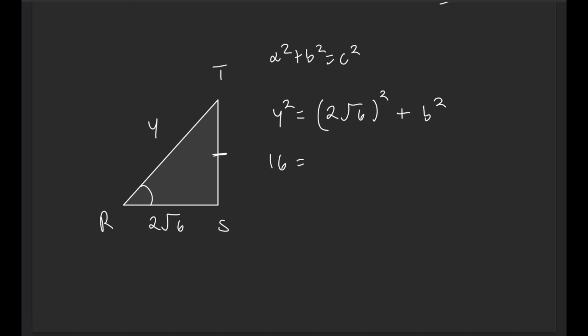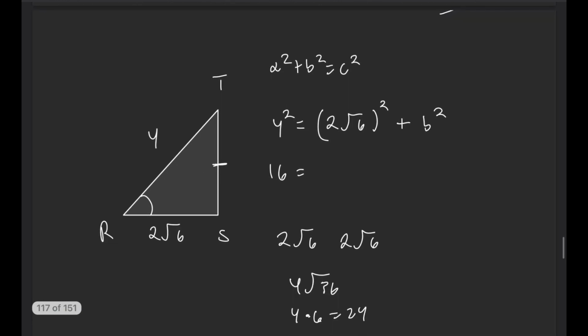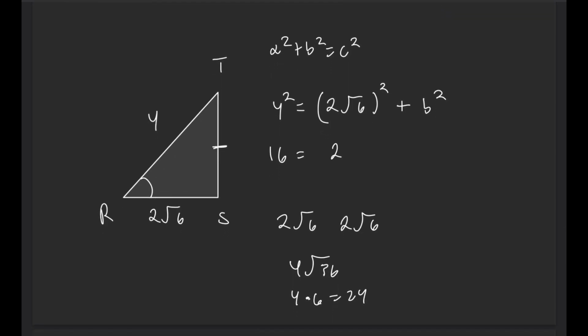So it's going to be 16, and then 2 root 6 times 2 root 6 would be 4 root 36, which is 4 times 6, which is equal to 24. So this would be 24 plus b squared. If you subtract the 24, you would have minus 8 is equal to b squared. And if you try square rooting a negative number, that's not possible. So therefore this triangle would actually not exist.